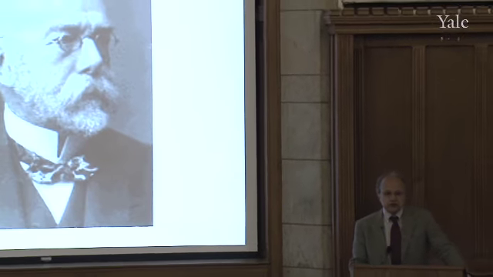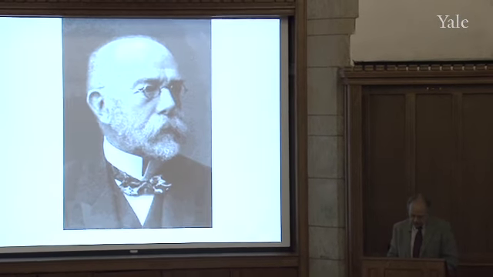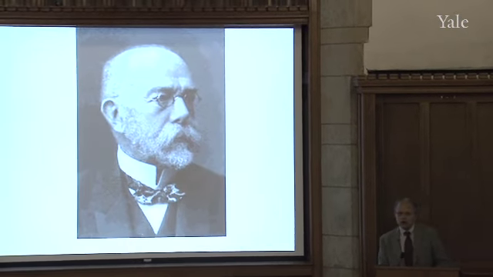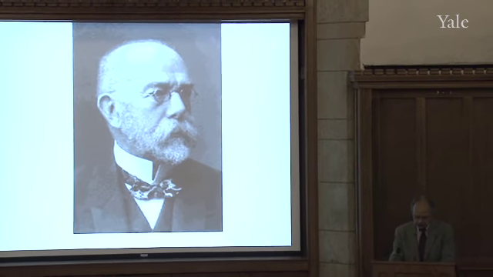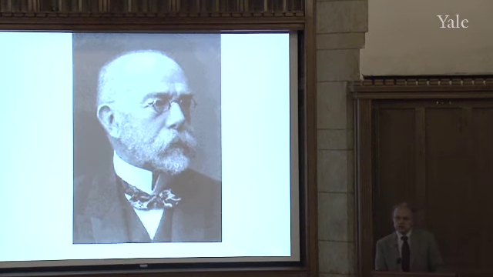The first, and this man is by now extremely famous to you, is Robert Koch once again. His germ theory of disease and the discovery, as you know, of the bacterium that's the causative agent in tuberculosis in 1882.